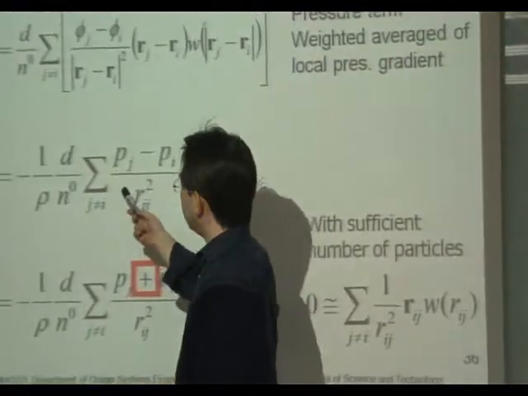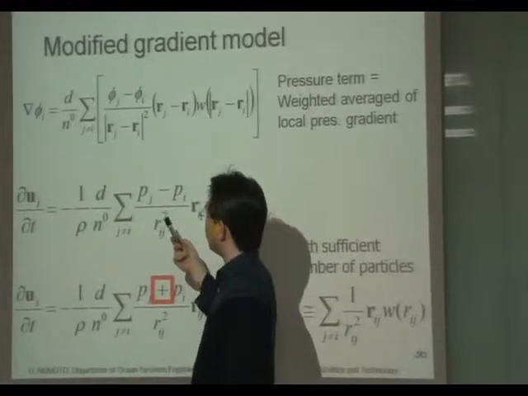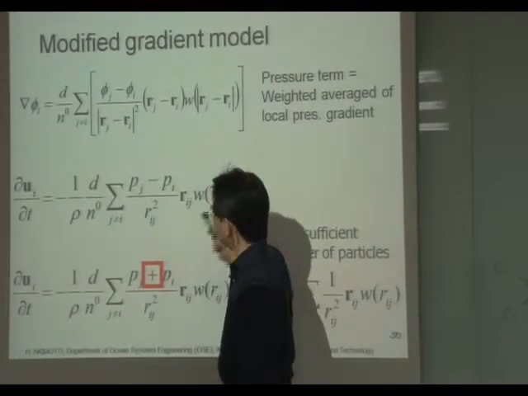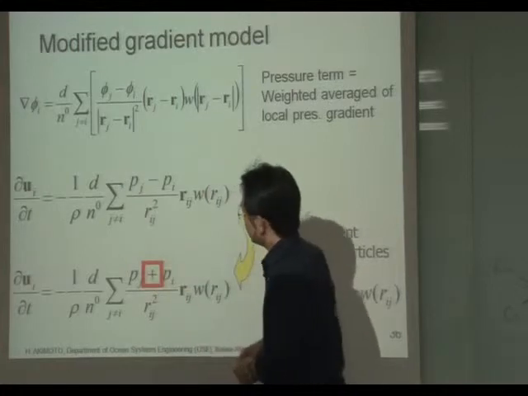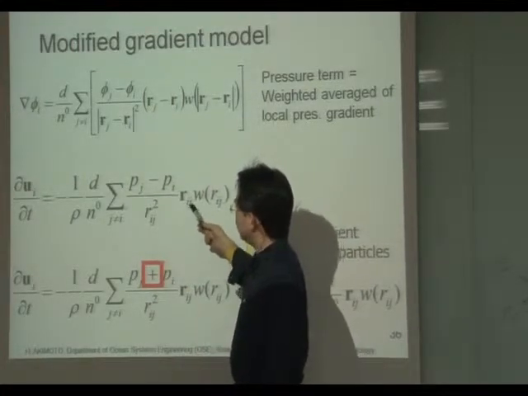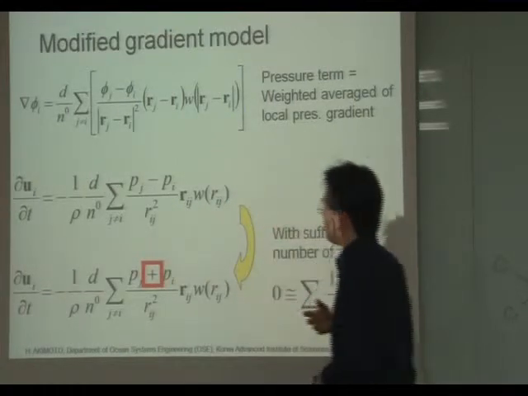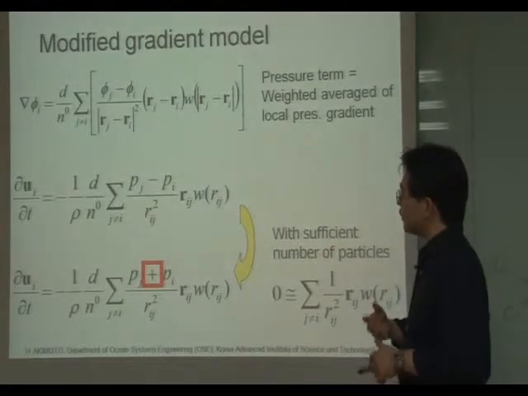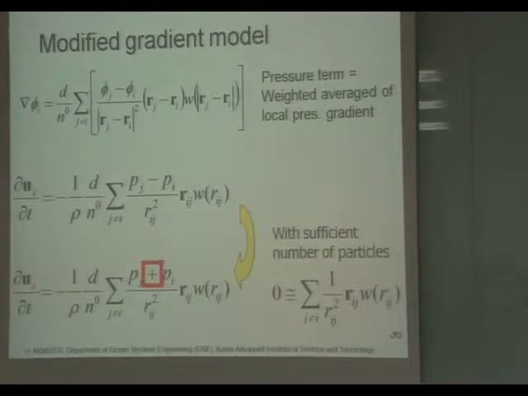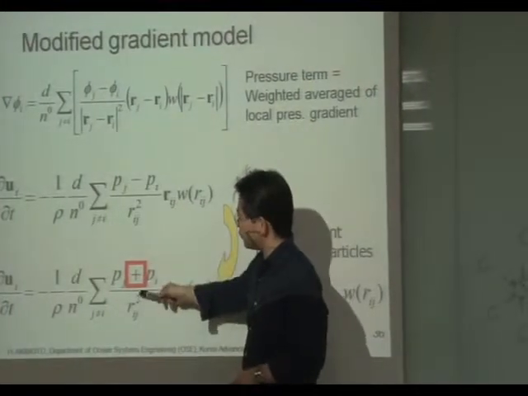So the action from particle J to particle I is one component of this summation. But Pj minus Pi does not lead to this symmetricity. So I changed the model to this one.